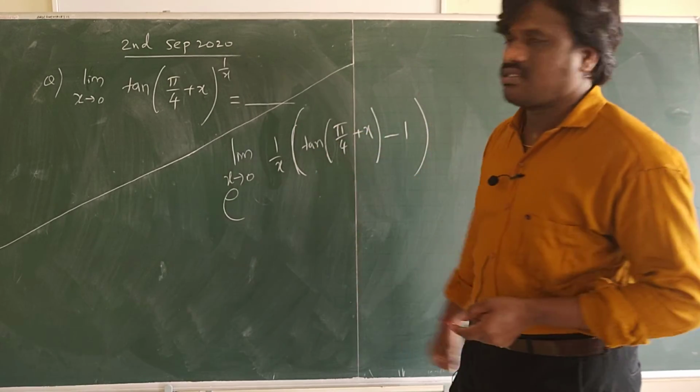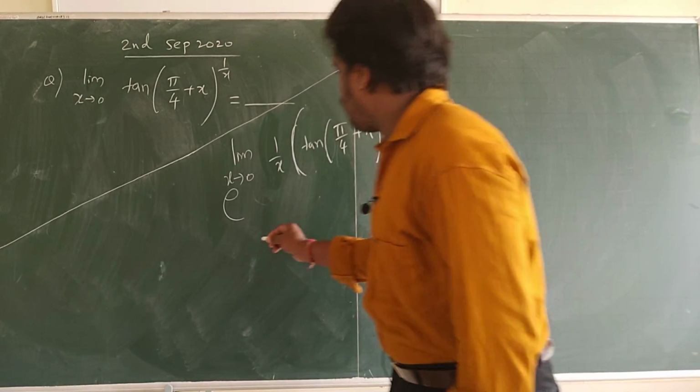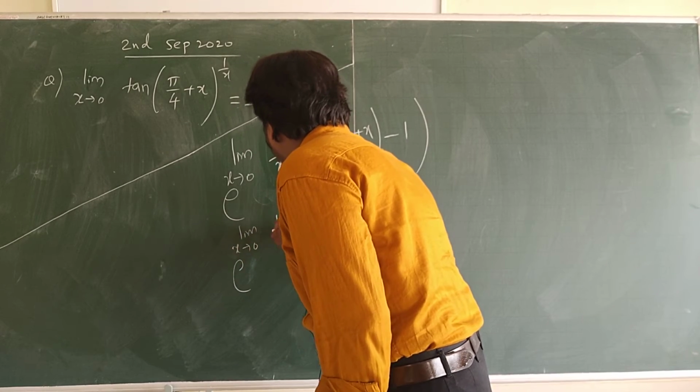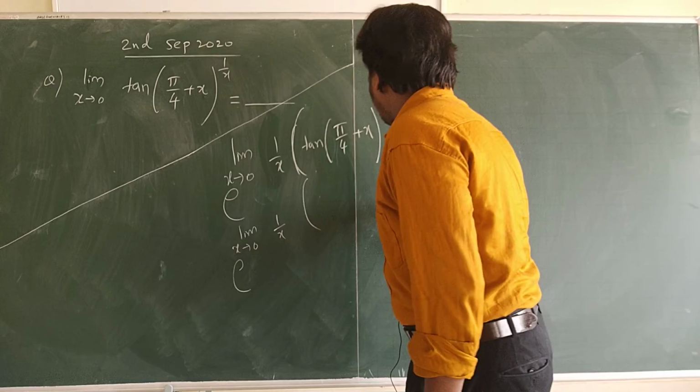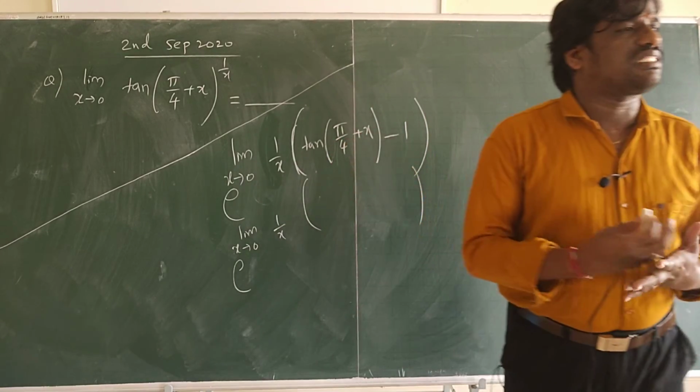Okay, it means the answer will be e to the power of limit x tends to 0 1 by x into, you know the tan of a plus b formula. Actually, how can we write tan pi by 4 plus x?